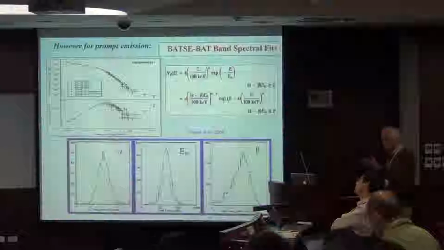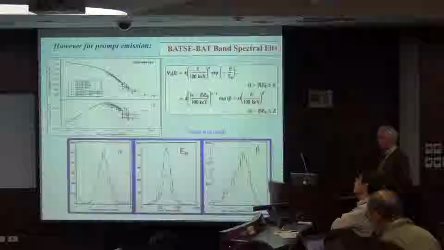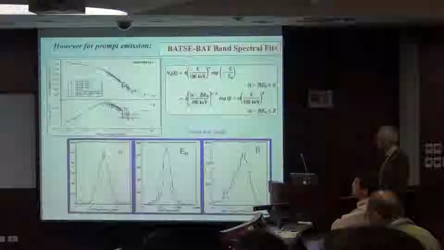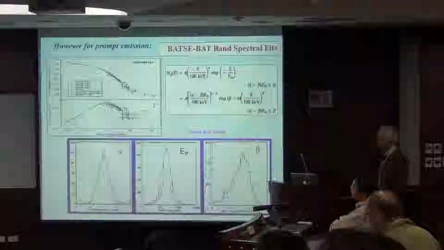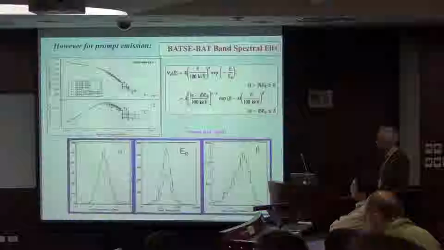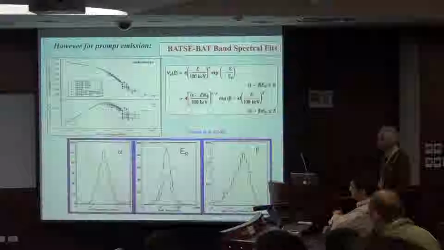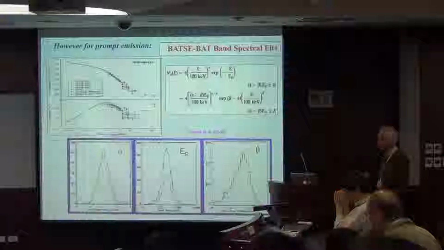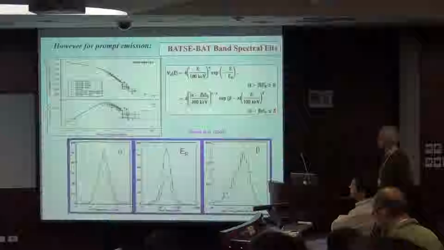Now, that's the afterglow, the longer wavelength emission: X-ray, optical, radio, etc. The prompt emission is where most of the energy is, in the gamma rays. And the spectra are broken power laws. So in energy, F nu, there is a low energy slope, which for pure synchrotron should be nu to the 1/3, and the high energy slope should be the electron index minus 1/2 if it's straight synchrotron.